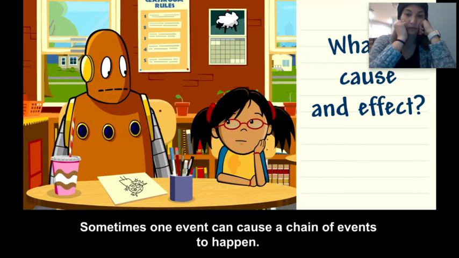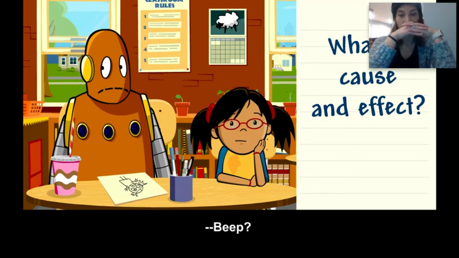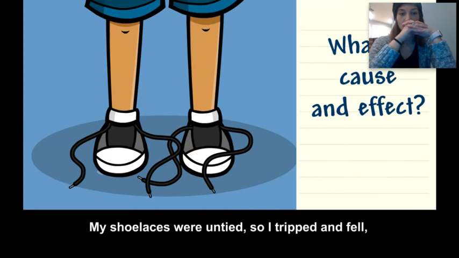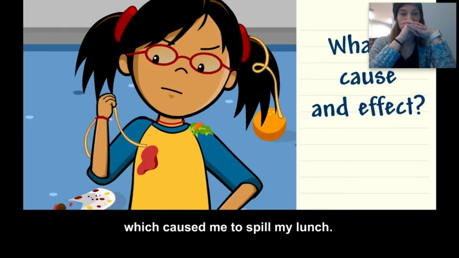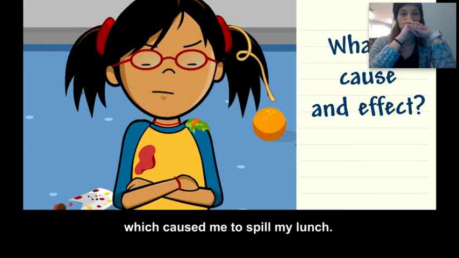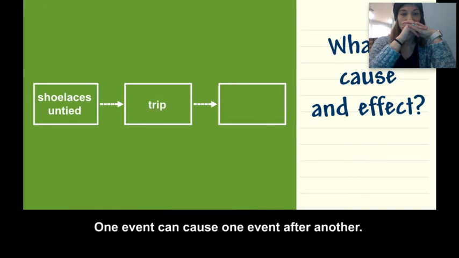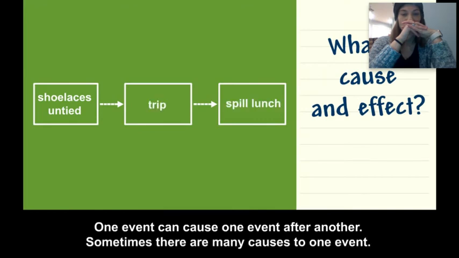Sometimes one event can cause a chain of events to happen. My shoelaces were untied, so I tripped and fell, which caused me to spill my lunch. One event can cause one event after another. Sometimes there are many causes to one event.